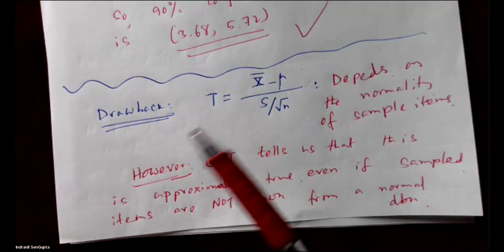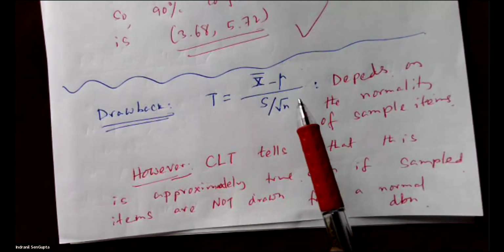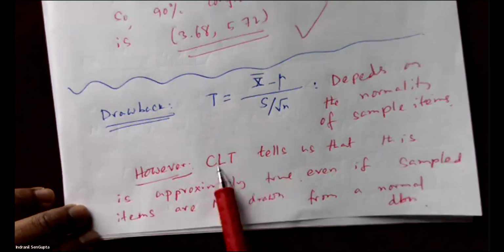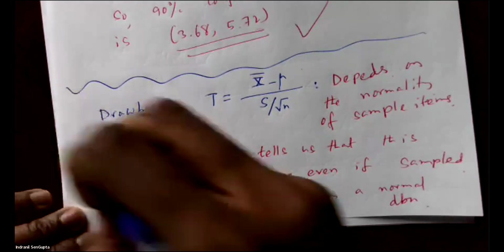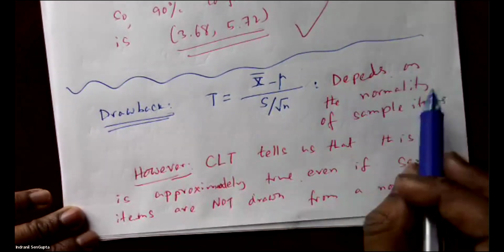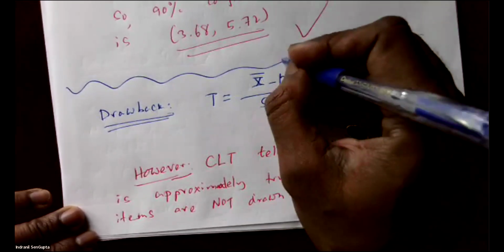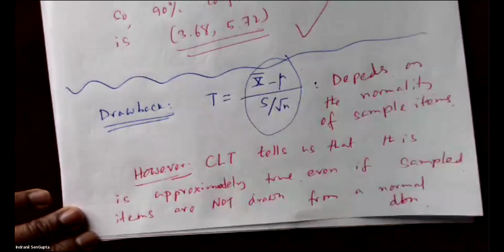Whatever we have done will not be accurate. But what the central limit theorem that I'm going to write next shows is that even when this is not drawn from a population with a normal distribution, this can still be thought of as approximately normal. So let me just write this result.